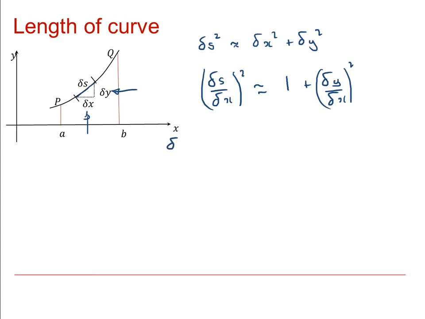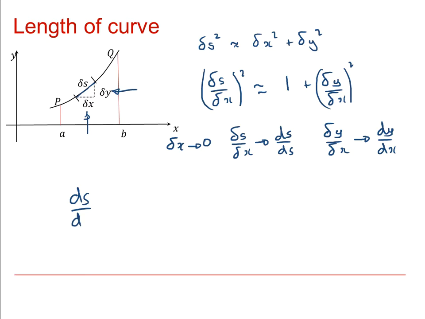So we can say that as delta x approaches 0, then delta s over delta x approaches the derivative ds by dx, and similarly delta y by delta x approaches the derivative dy by dx. And hence we have that ds by dx is equal to the square root of 1 plus (dy by dx) all squared.